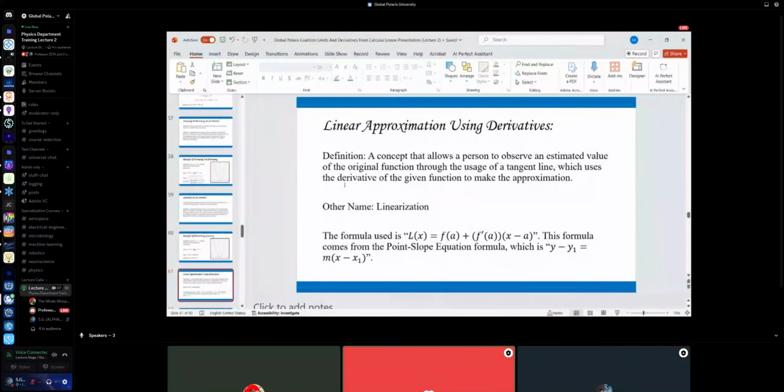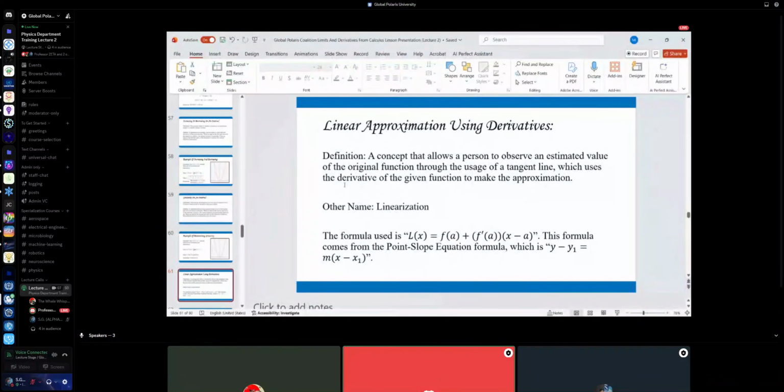You can also call this linearization. The formula is L of x is f of a plus f prime of a times x minus a.